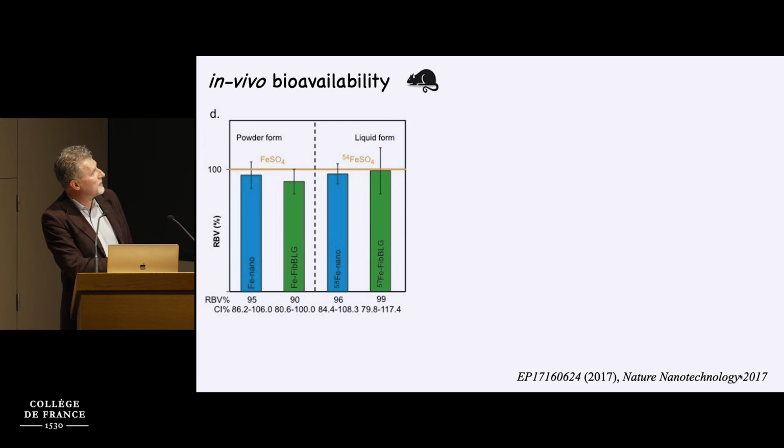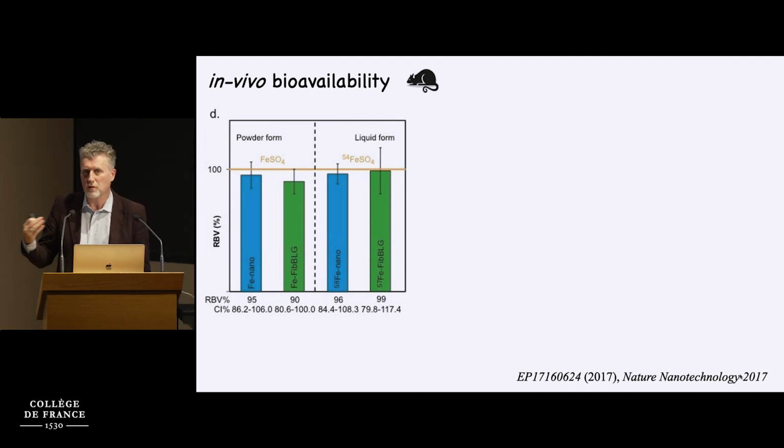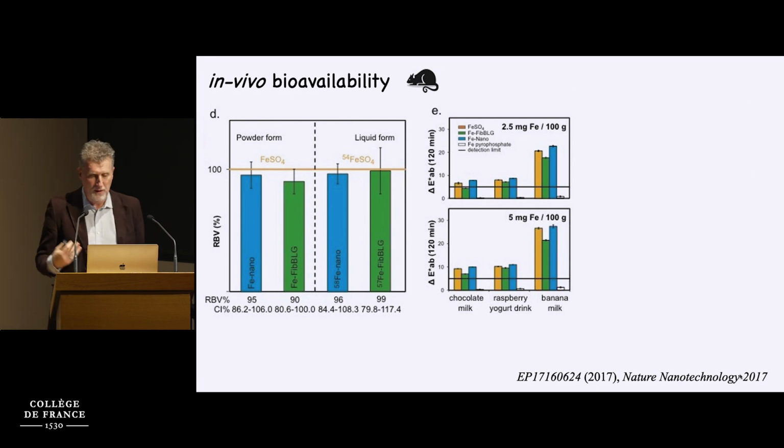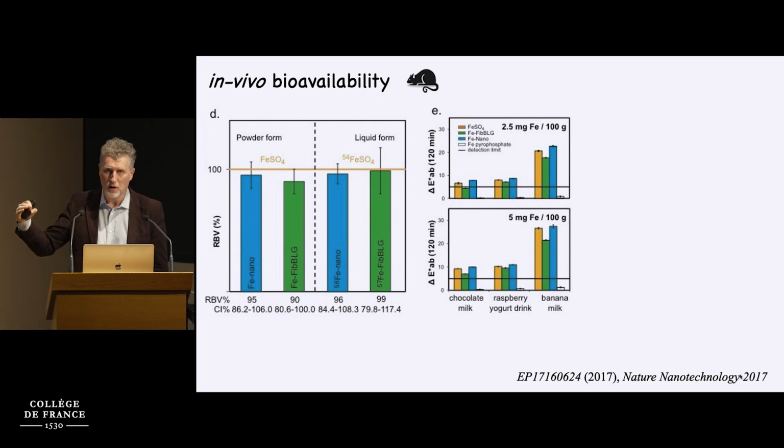And you can do the same thing with the monomer, but if you use the monomer, the surface to volume ratio is so different that you have to use a huge amount of protein to deliver the same amount of iron. So if you now do the sensorial analysis, you see that only the fibril can meet, in some cases, a dosage of 2.5 milligram per 100 grams of food that is below the allowed threshold, okay?